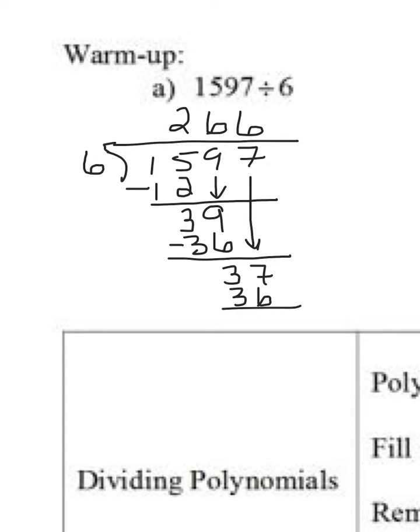And I'm going to have a remainder. Now this remainder number is going to be a fraction. And so we're going to take the remainder that we have and we're going to put it over the divisor. So our final answer is 266 and 1/6.